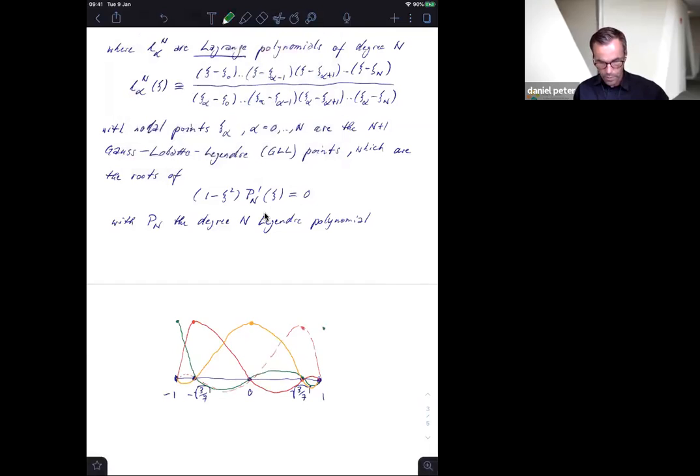The last one would be... so these are then the Lagrange polynomials.